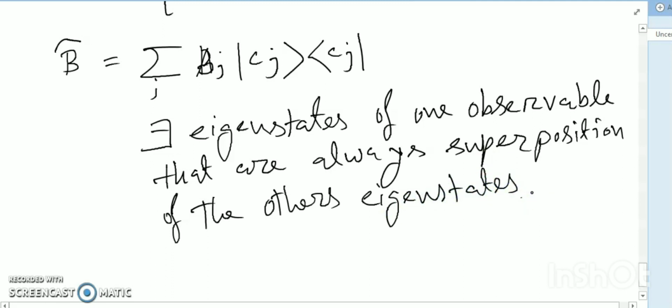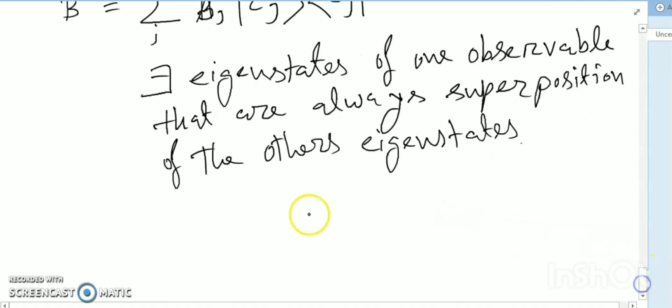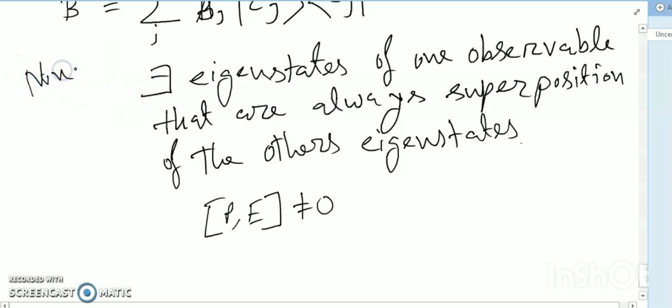So for example, if energy and momentum don't commute, when you measure momentum, the commutator of P and E does not equal 0. So this is the example. It is very important for non-commutative operators.